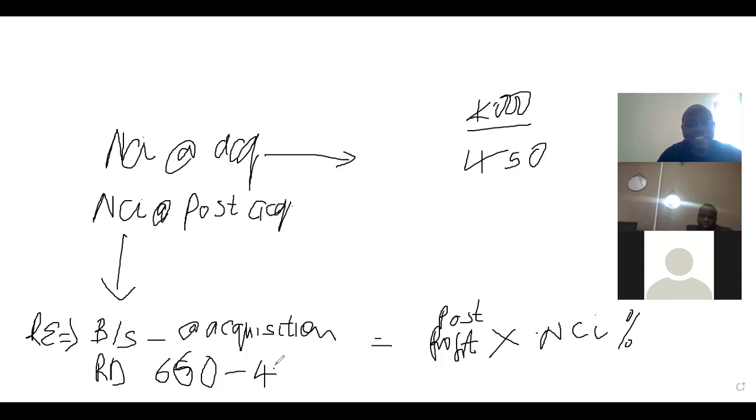That was your retained earnings at acquisition. Giving you how much? 180. So find 25% of 180. 45. That is what you're going to put there as the NCI at post acquisition.